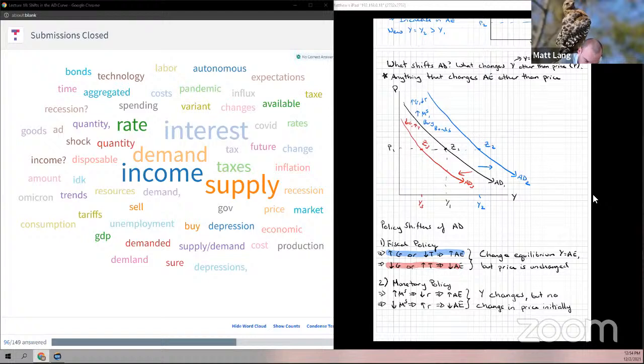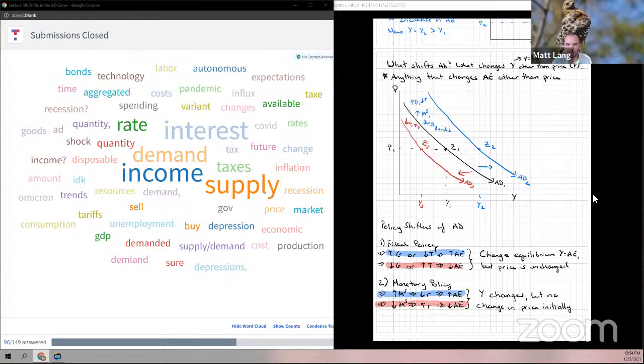We've got that increase in the money supply shifting AD to the right, and that's going to be blue in this case. We can shift AD to the left by selling bonds and reducing the money supply. So those are two really big, important shifters of the AD curve.